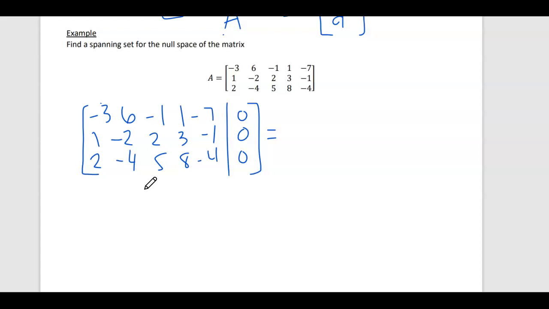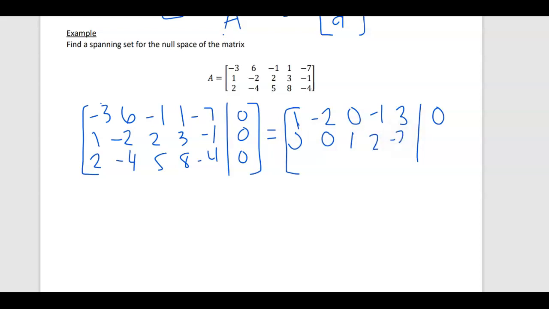Now, with some row reduction operations, we end up getting this as our reduced matrix, with that last row completely zeroed out.